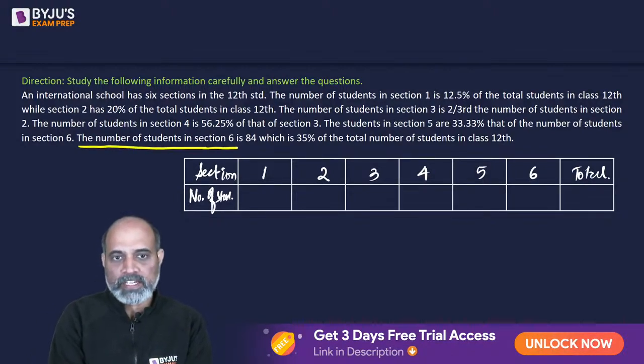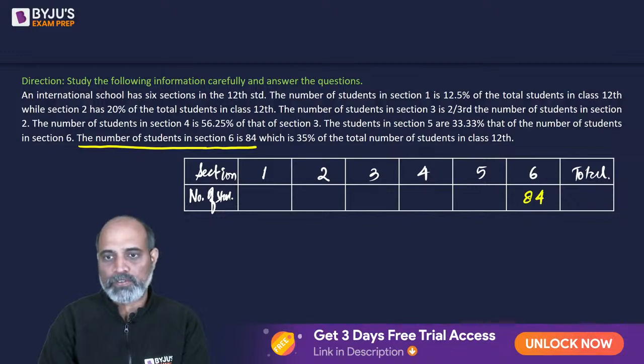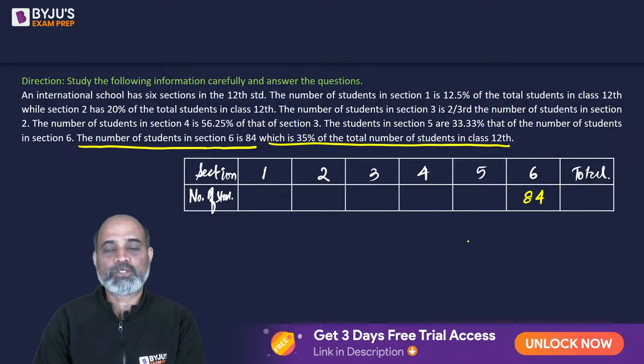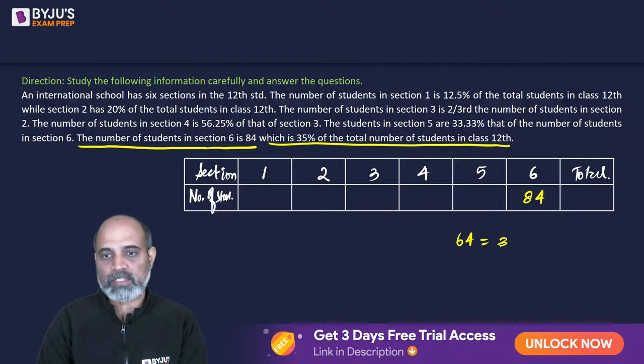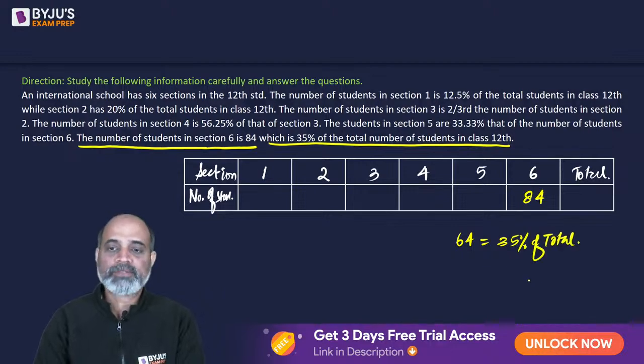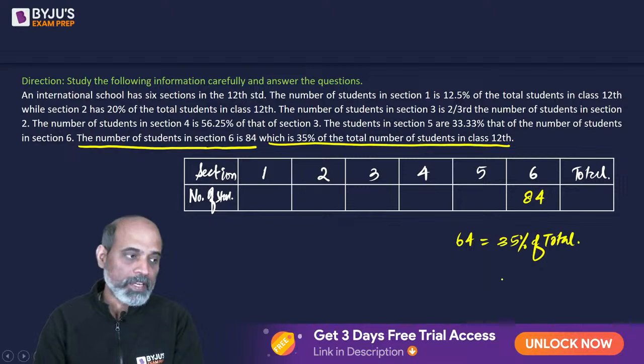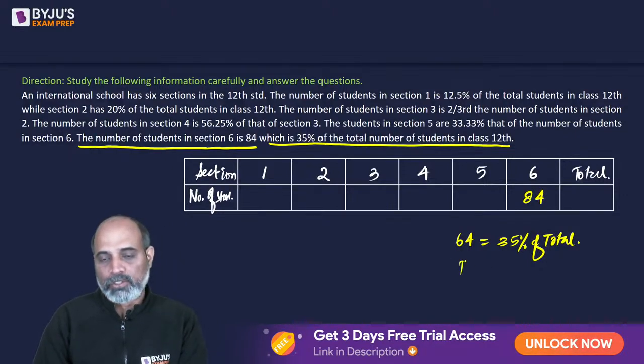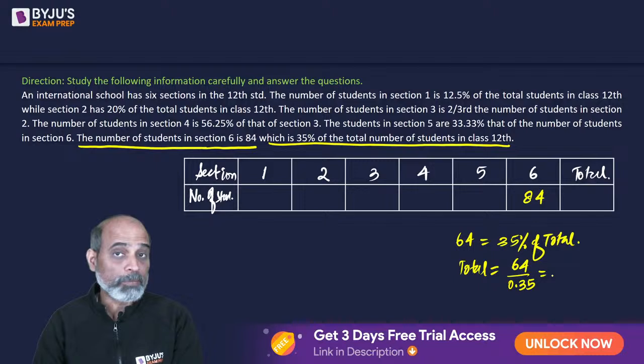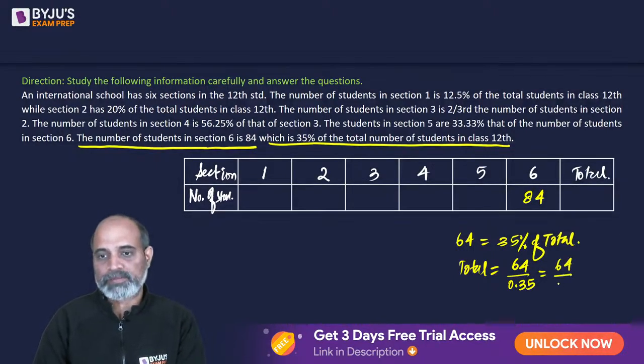Okay. Now, let's read the last statement. The number of students in section 6 is 84. So we know the number of students here, which is 35% of the total number of students in class 12. So 84 is 35% of the total, right? So that would mean that the total is going to be 84 divided by 0.35, because 35% is 0.35, and 0.35 is nothing but 35 by 100.